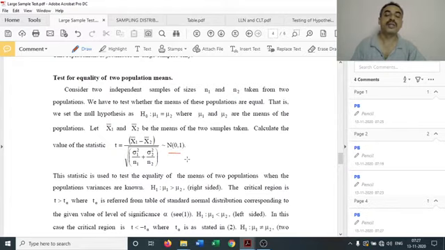A different construction of critical region is required only when the statistic's distribution changes. But in large sample tests, all the test procedures are supported by the central limit theorem, and according to it, all statistics will follow the normal distribution. Therefore, in large sample tests, no fresh construction of critical region is required for the different test procedures considered.